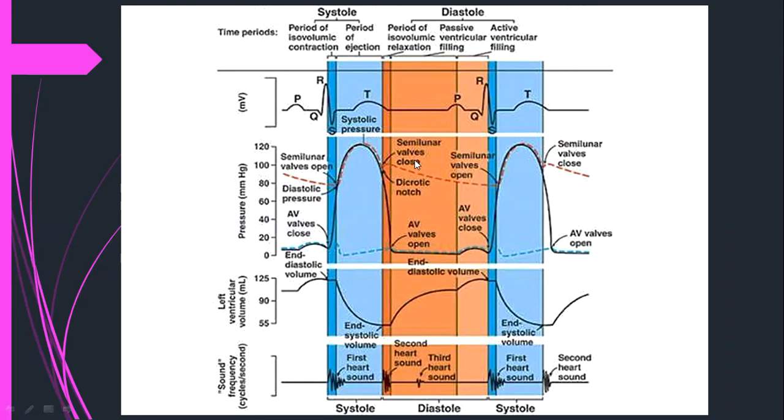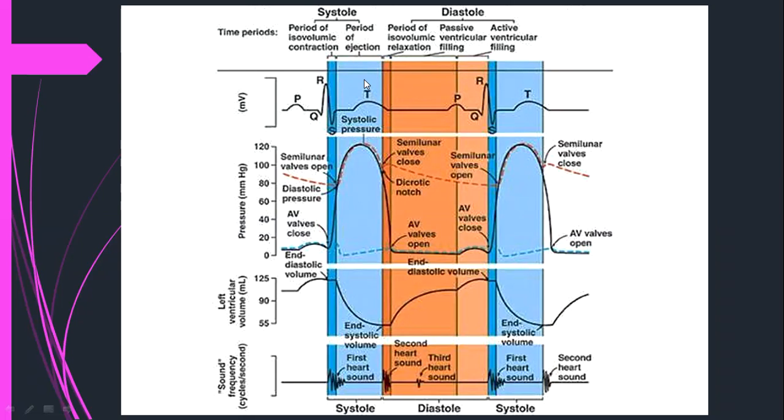During the closing of the semilunar valve, definitely there's another sound being detected, which is your dub sound, where the blood recoils at the semilunar valve.